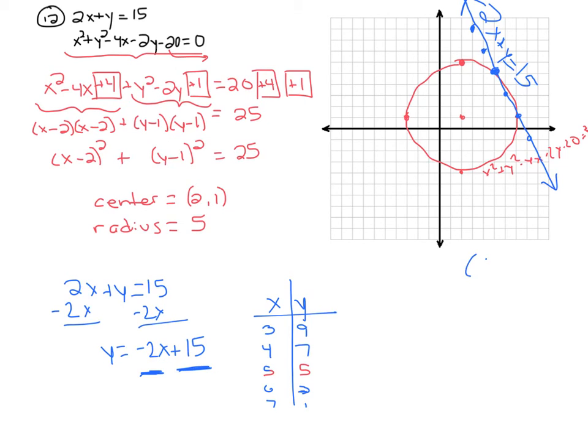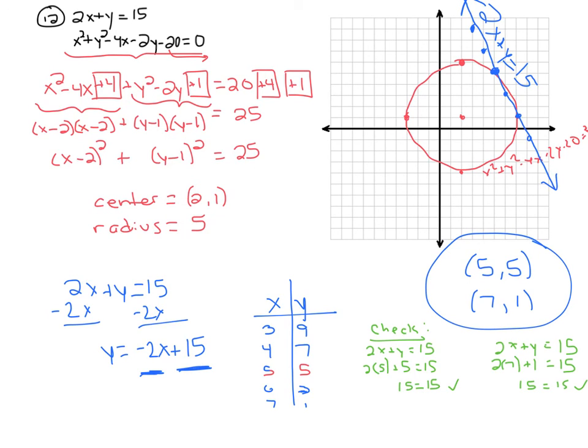So I'm going to double check, though, because I did not have a compass or a ruler accessible to me with this. In order to check, I'm just going to sub them back into the original equations and see how that works out.